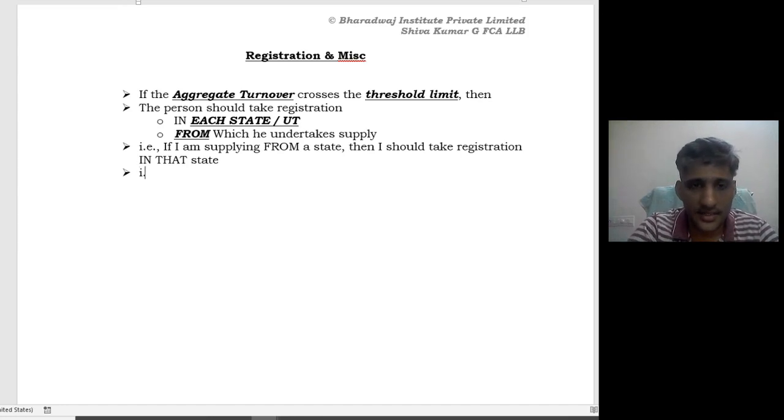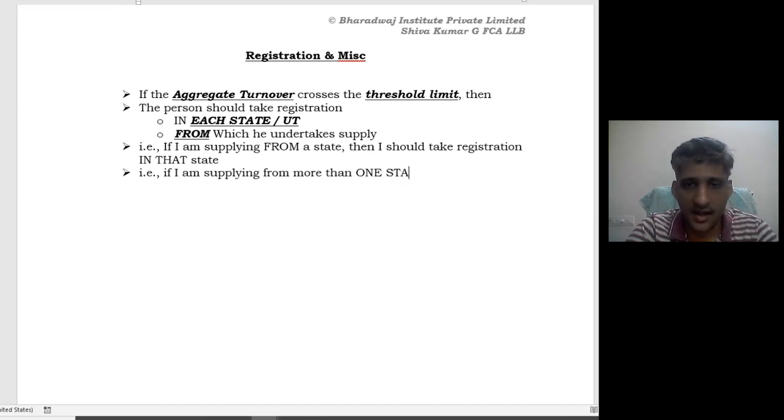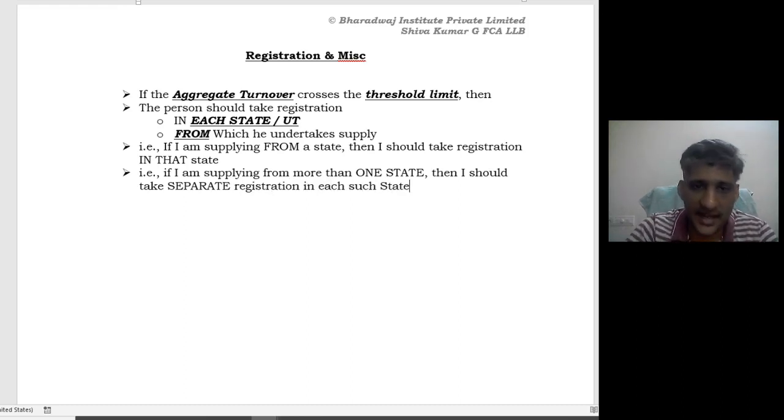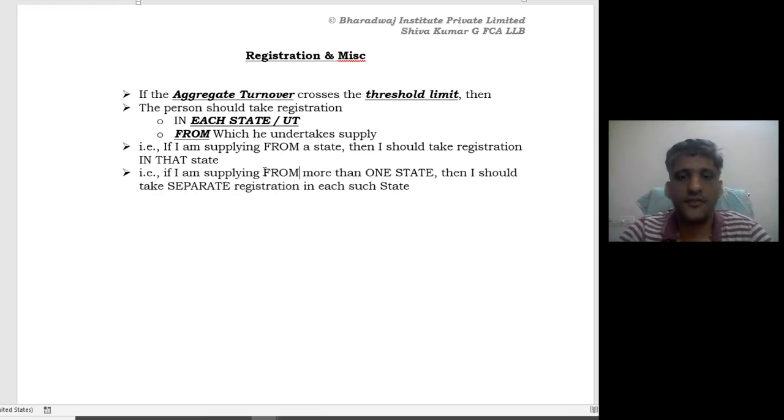So if I am supplying from more than one state, then I should take separate registration in each such state. Again, the keyword is not supplying to, it is supplying from.